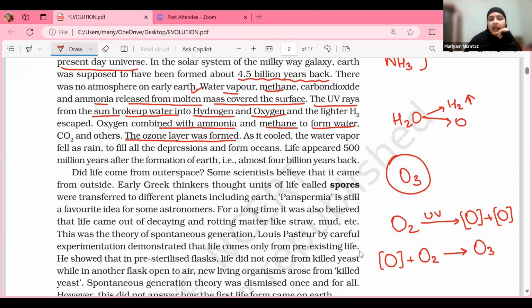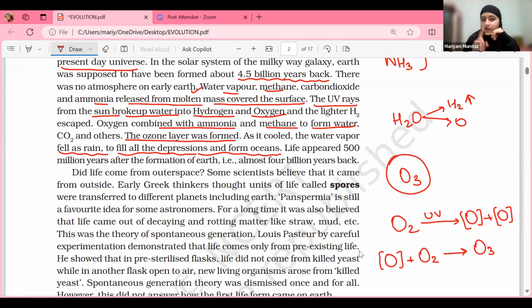This ozone is present as a blanket all around the Earth, and it is responsible for protecting us from the harmful UV rays of the sun. Now, as it cooled, the water vapor fell as rain to fill all the depressions and form the oceans.